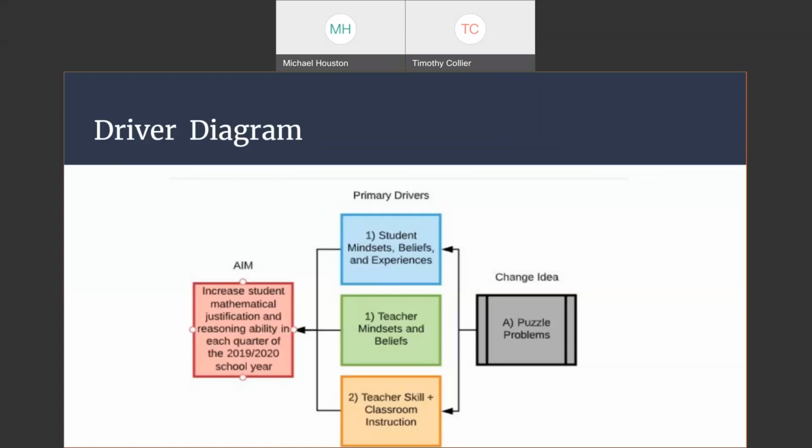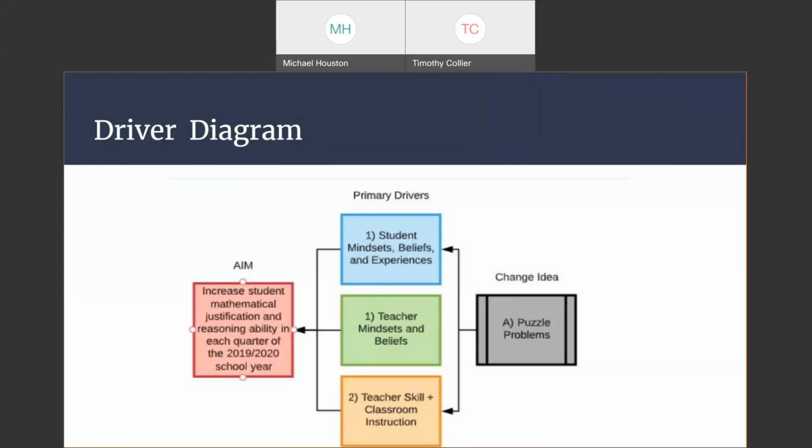Certainly, teacher mindsets need to shift as well. You have to be willing to believe that your students can do this type of work, that they can justify their answers. And so there was a need to change teacher mindset as well. I know early on in this project, if I'm honest, it wasn't that I didn't believe my students could justify, I didn't think that they would.